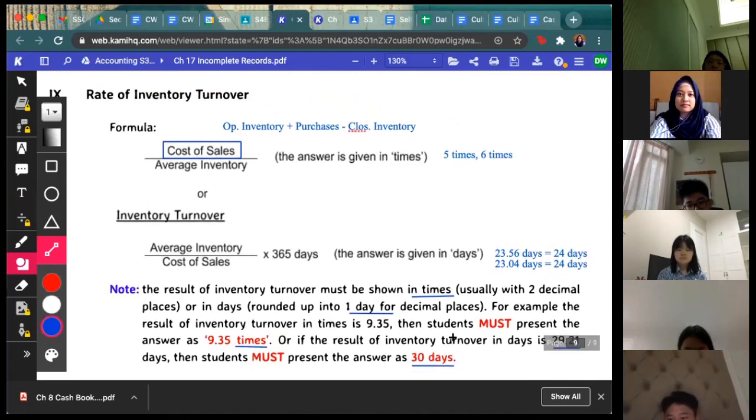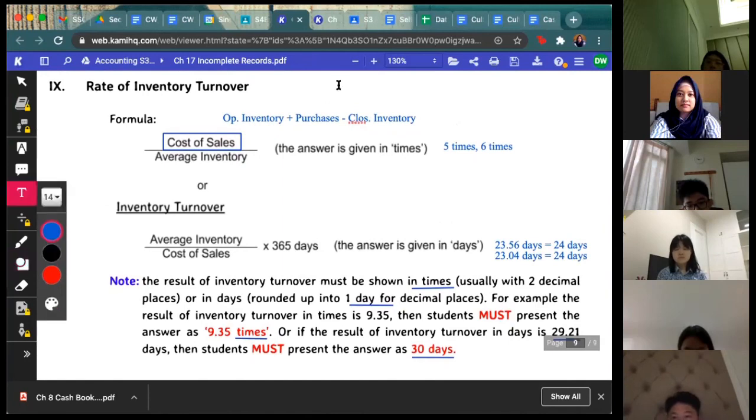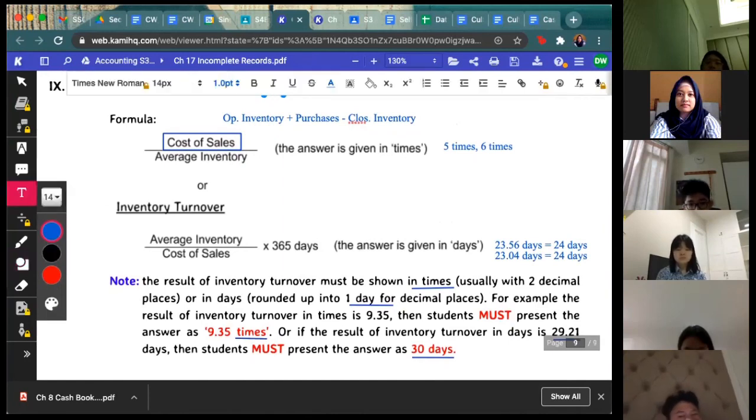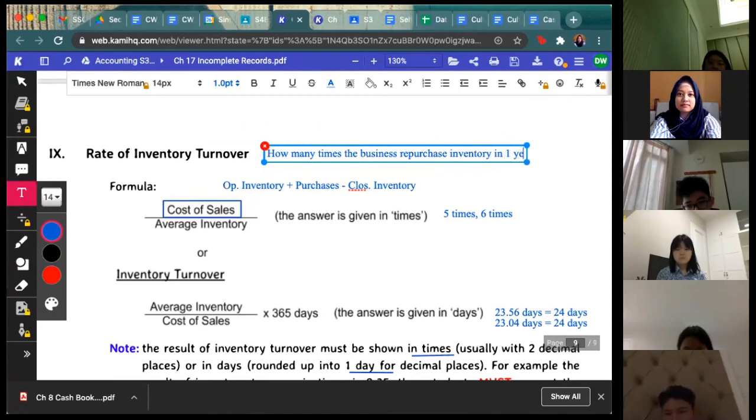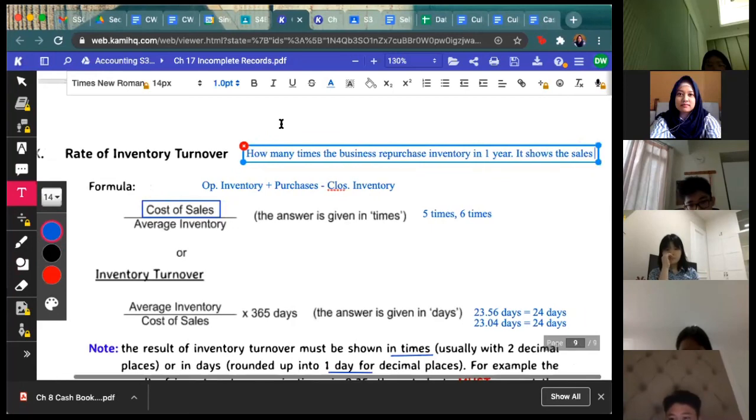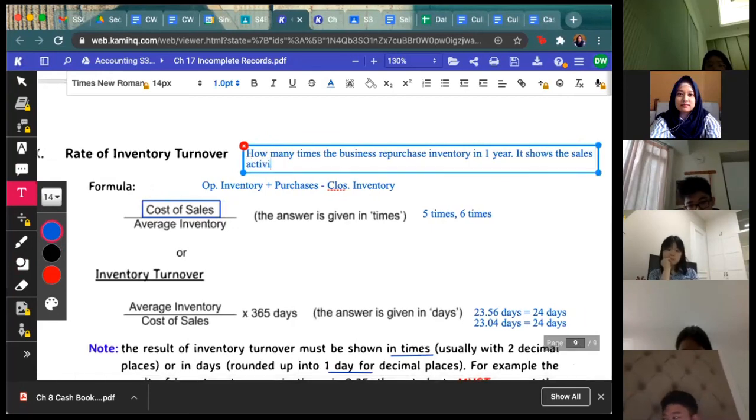What is actually inventory turnover? It is basically how many times the business repurchased inventory in 1 year. So basically it shows the sales activity of the business.